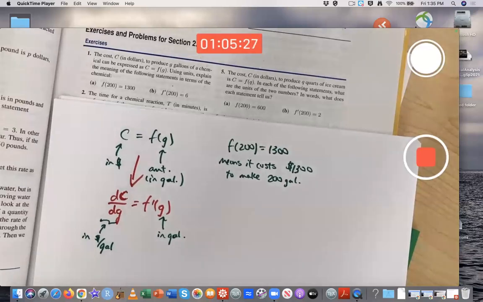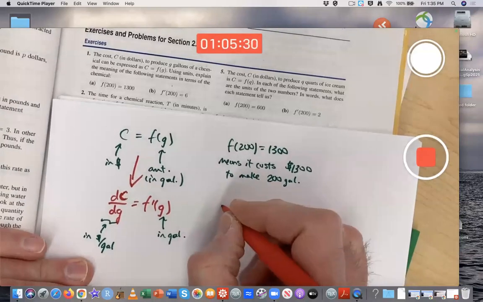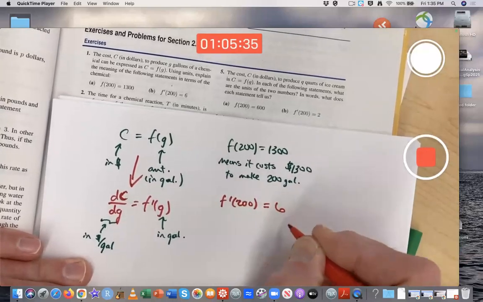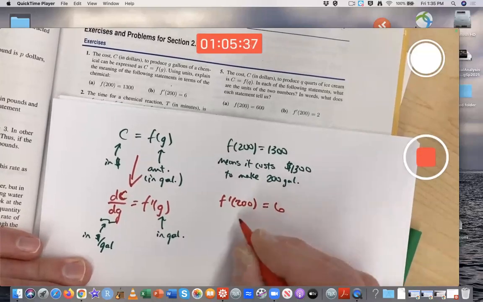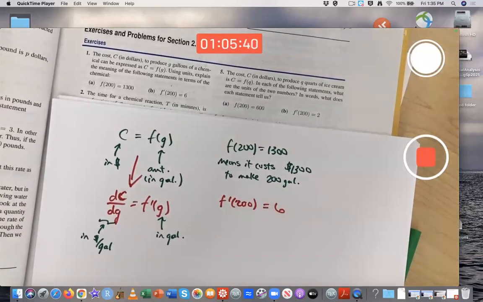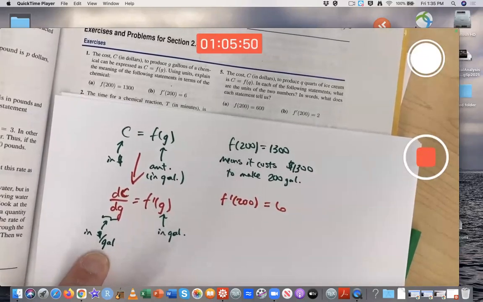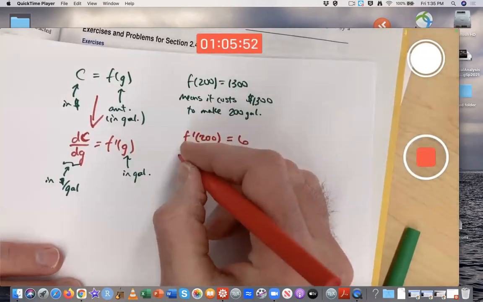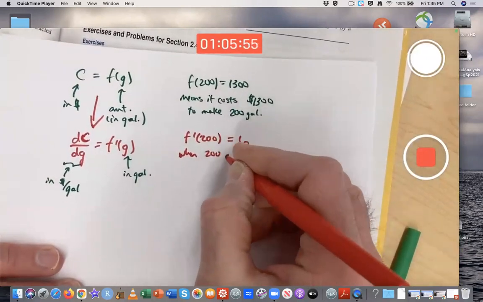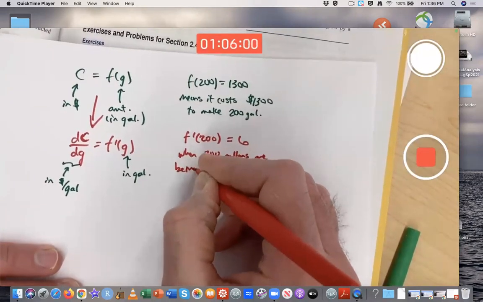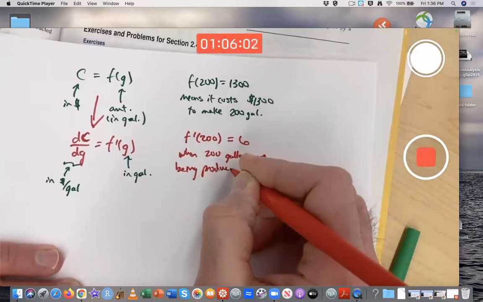What does it equal? We're told f prime of 200, when you produce 200 gallons, f prime is 6. What does that tell you? It means when you are producing 200 gallons, the marginal cost, the rate of change of cost with respect to gallons produced, is $6 per gallon. Let's go ahead and write it out with rate of change language.